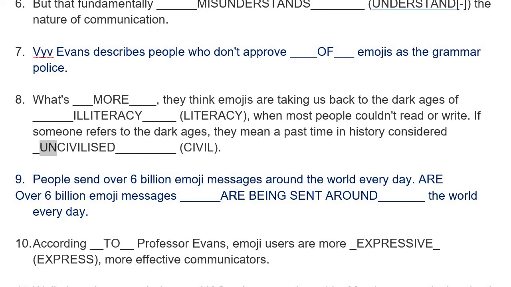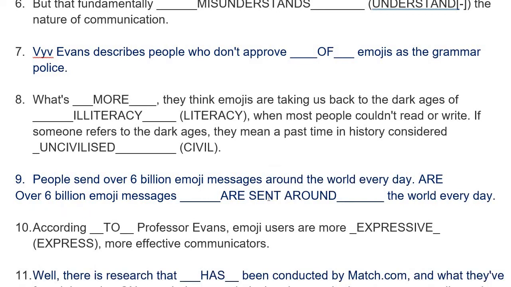So this is passive, which is very common in English. People send, so this is actually sent around the world every day. This is a good example. Remember, people send is present simple, so the passive is also present simple.